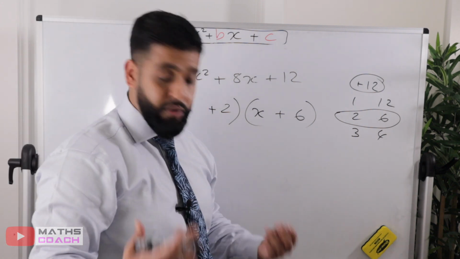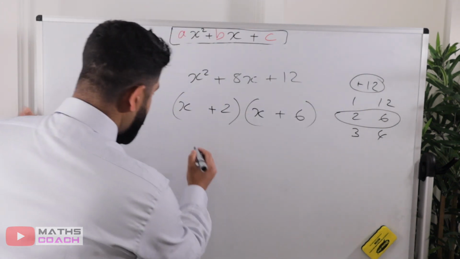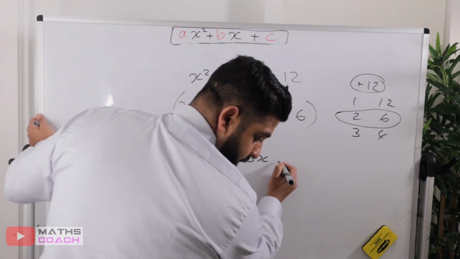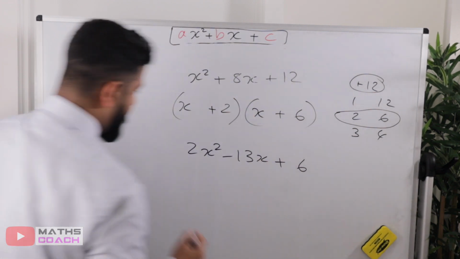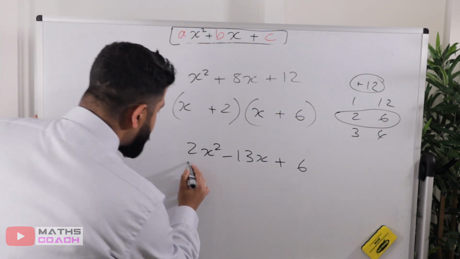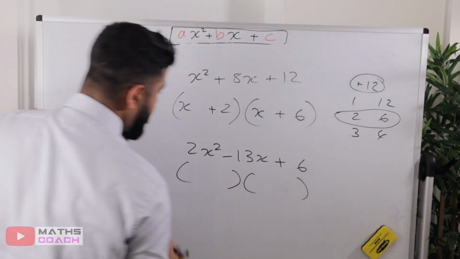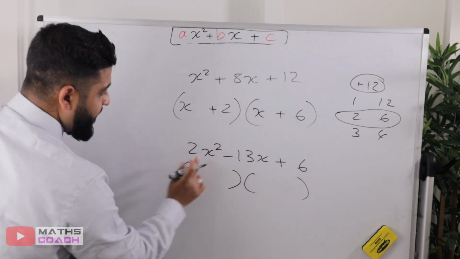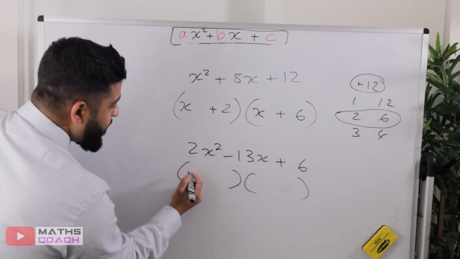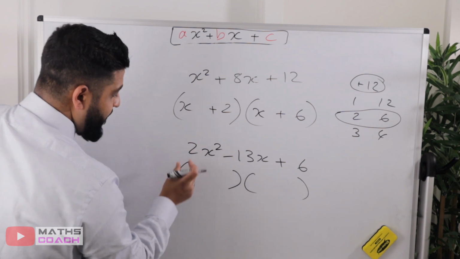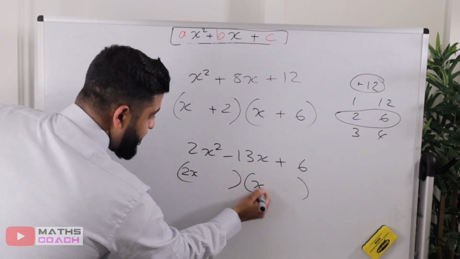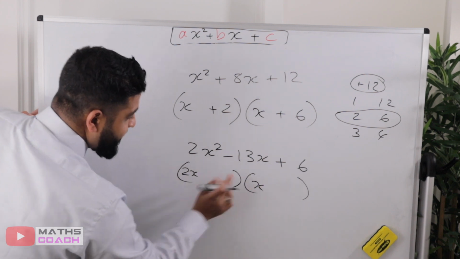I will do another example just to show you here. Let's have a look at 2x squared minus 13x plus 6. Once again, you start off with two empty brackets. In the previous example, we just put x and x. Here we've got 2x. You have to decide which bracket you want your 2x in, because 2x won't be in both of them. Remember, 2x times x is just 2x squared.